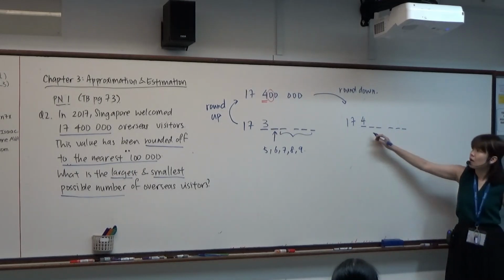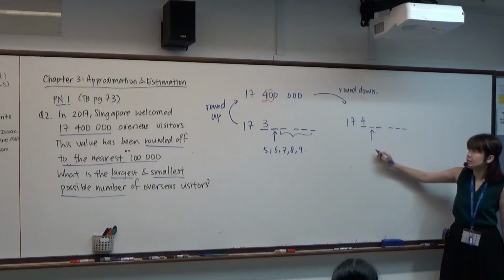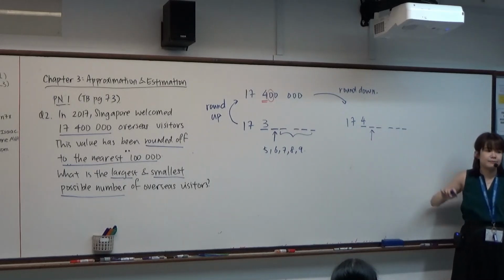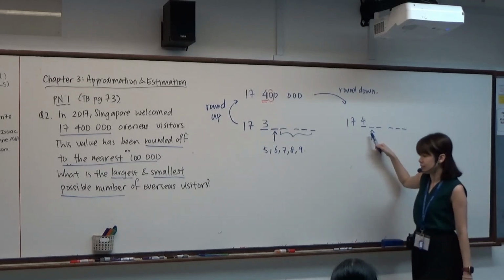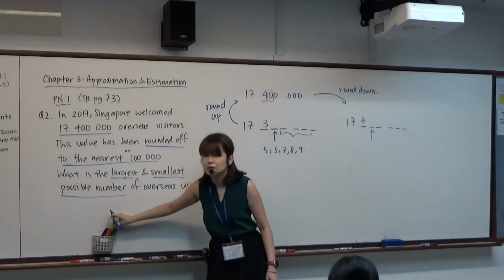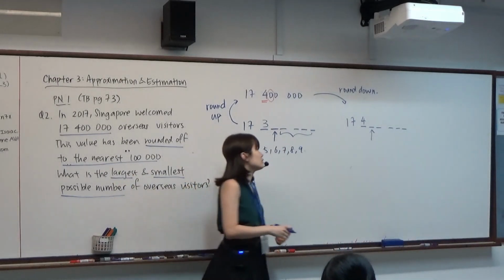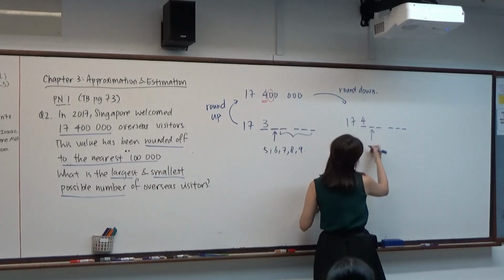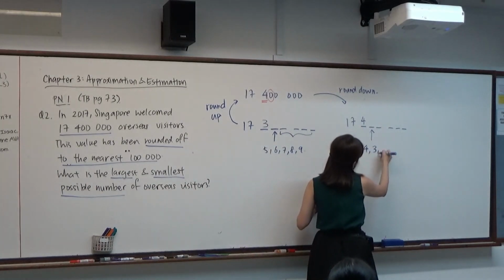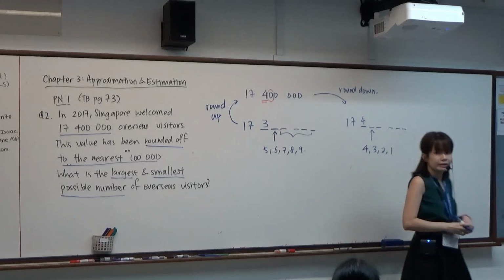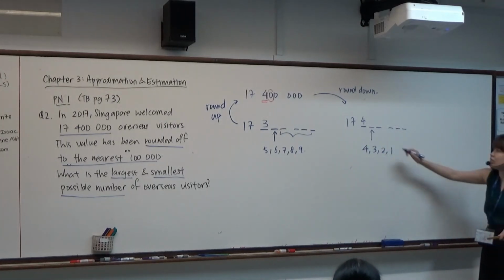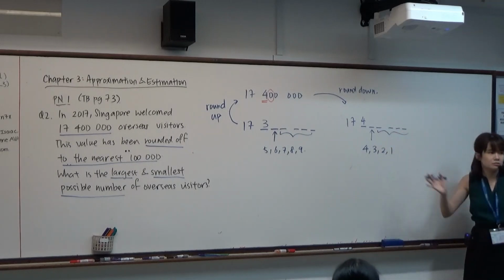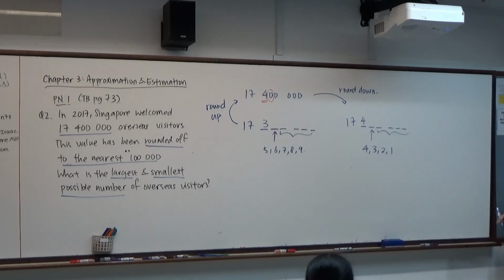Now, what are the possible numbers that can fill up this space? 4 and below, right? Because we are rounding down, we can have 4, 3, 2, or 1. The digits after that don't matter, because they don't affect the way we do rounding.